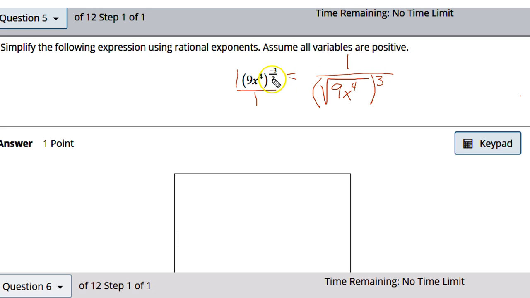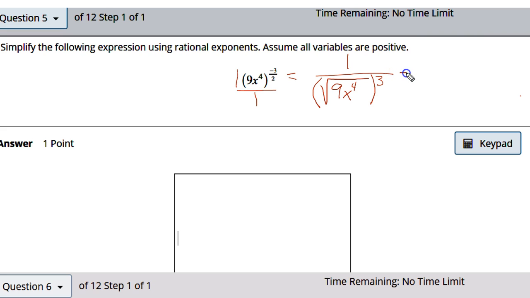But remember, we said the denominator of our fraction is the index number of our radical. And then this is the exponent to which it's raised. So I've converted this, which is a negative exponent, to something with a positive exponent, and then changed it from its fractional exponential form into its radical form.